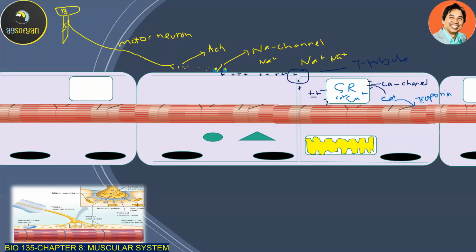When the calcium binds to the troponin, tropomyosin will open the binding site. Then the myosin head will bind to the actin.